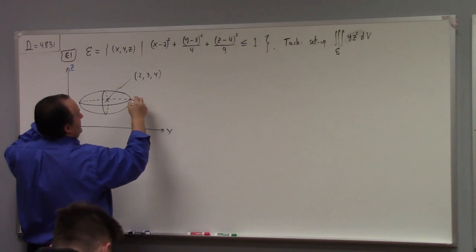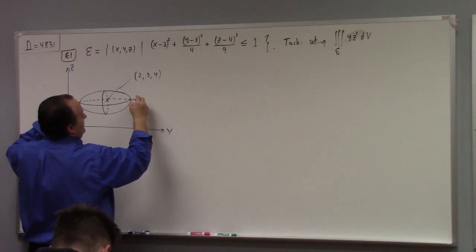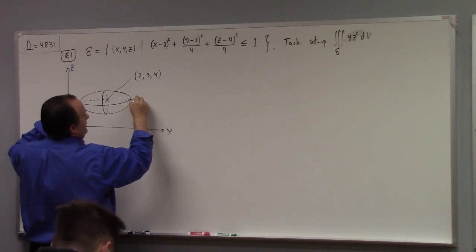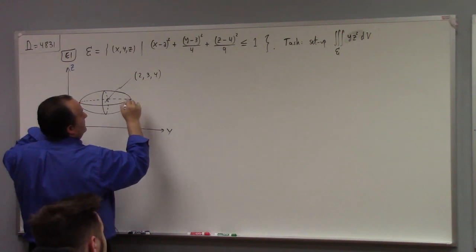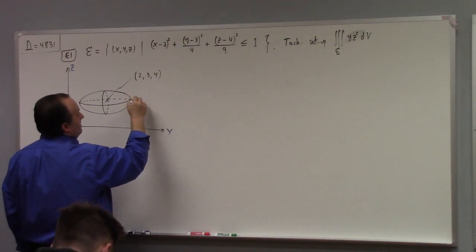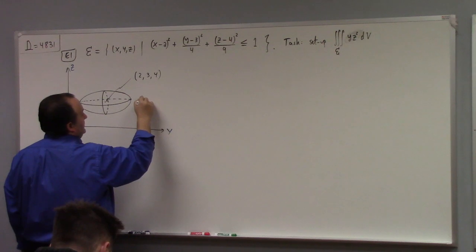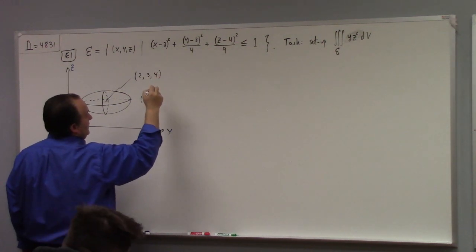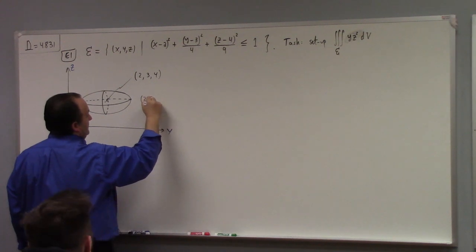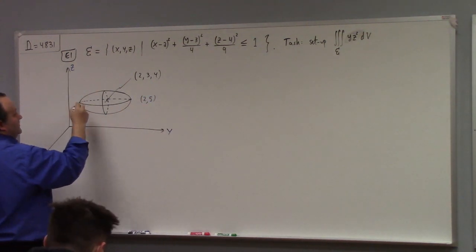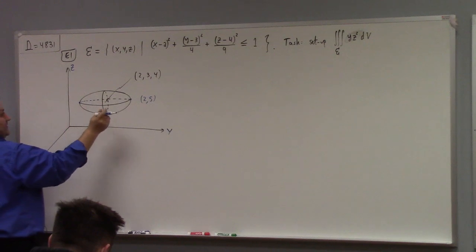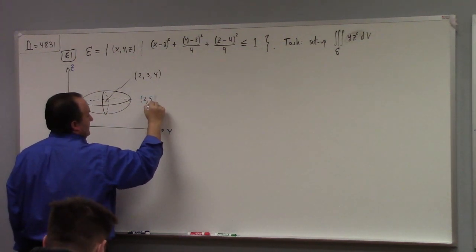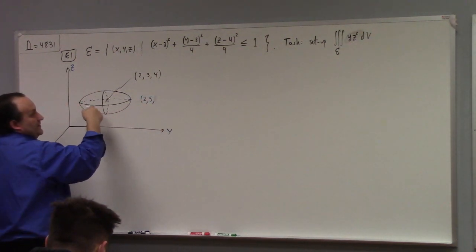I heard 1, 3, 4 and 3, 3, 4? Nope. We're going to want a 2. We can go plus 2 in the y, so we can go to 5. And we can go minus 2 in the y, so this point over here would be, and I forgot my z. What's my z at? 4, right?